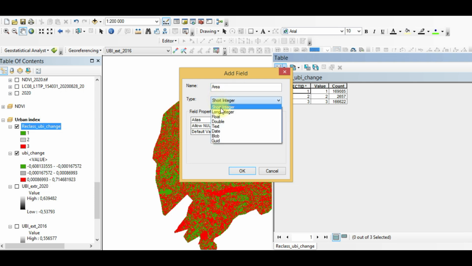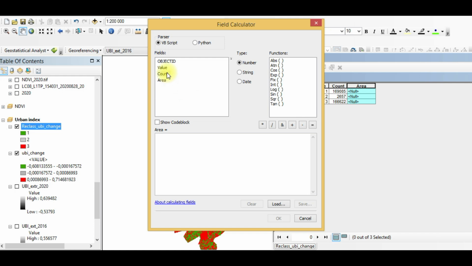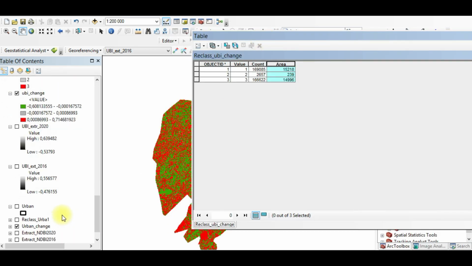Area, long integer, and repeat the same steps, multiply by 900 and divide by 10,000. So almost very close values.